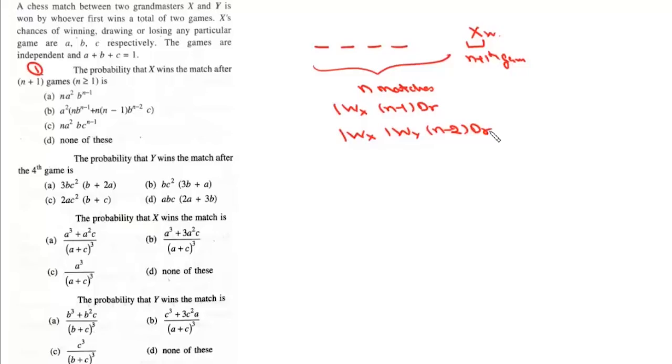So these are the possible ways in which X can win the match after the n plus 1th game.